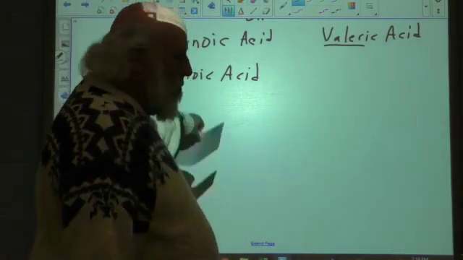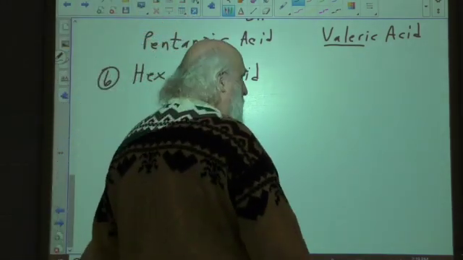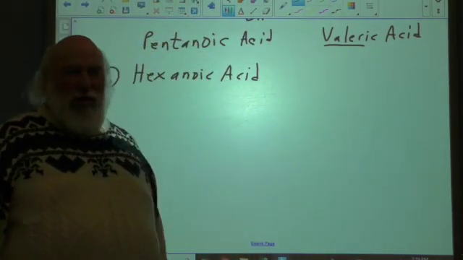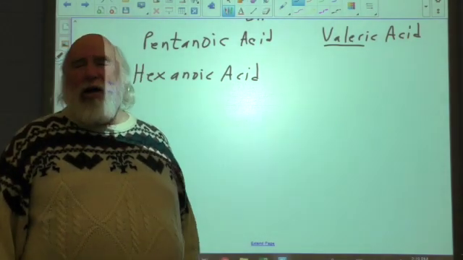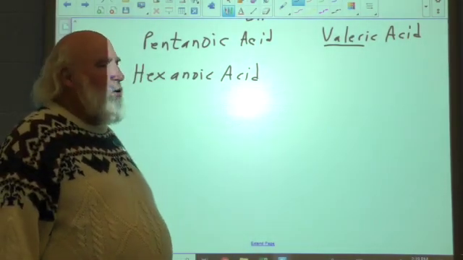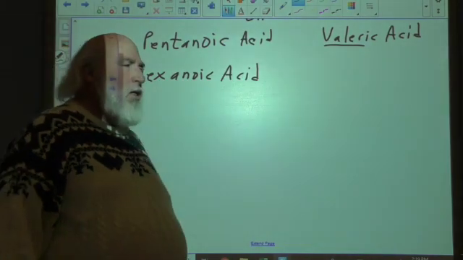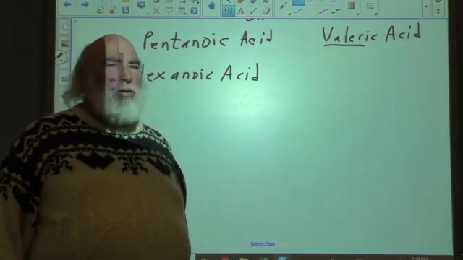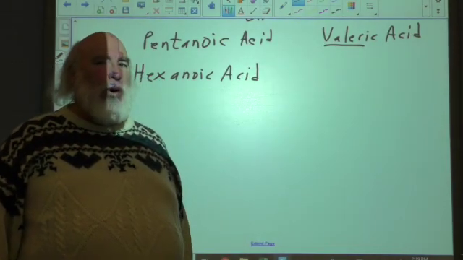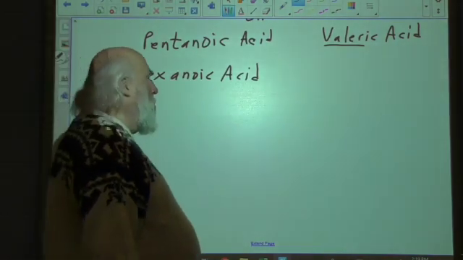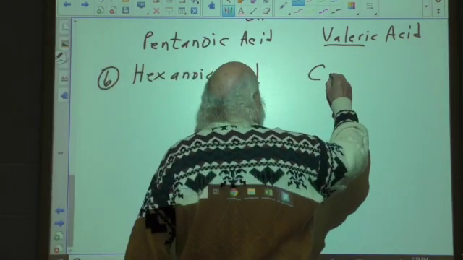That's because of this compound that's found in it. And if you're a Capricorn in astrology, then you probably know what the Latin word for goat is. It's capro. So this is caproic acid.